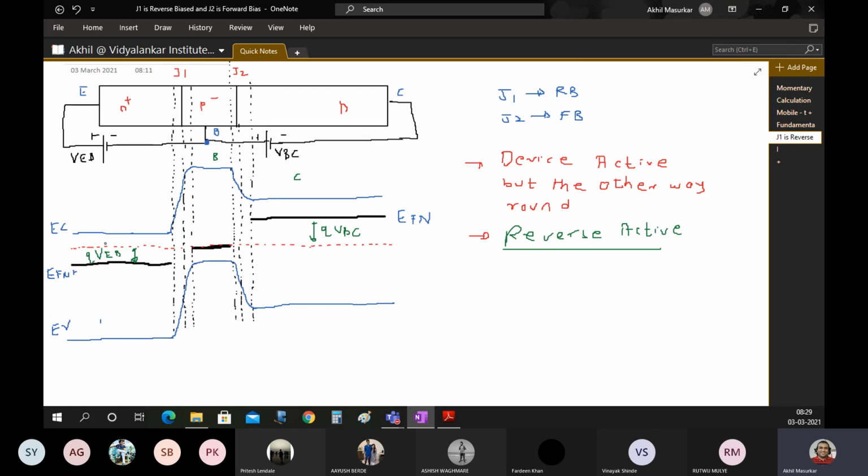So put this in your head. Every device in electronics engineering can be visualized in this particular manner with the help of energy band diagram.